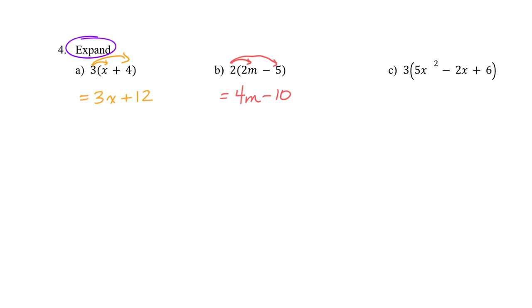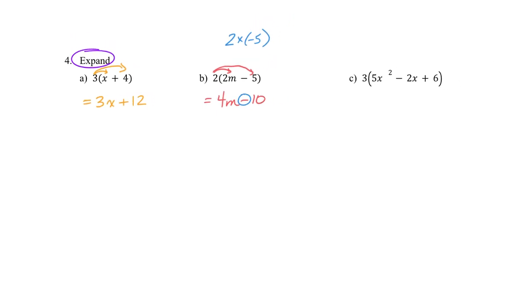Take a look at your operations within your expanding. I don't think too many of us have a problem with 2 times 2m, but when we take a look at the 2 times the negative 5, we're actually calculating 2 times negative 5. You'll notice my signs are different there. That's why I have a negative between my terms.